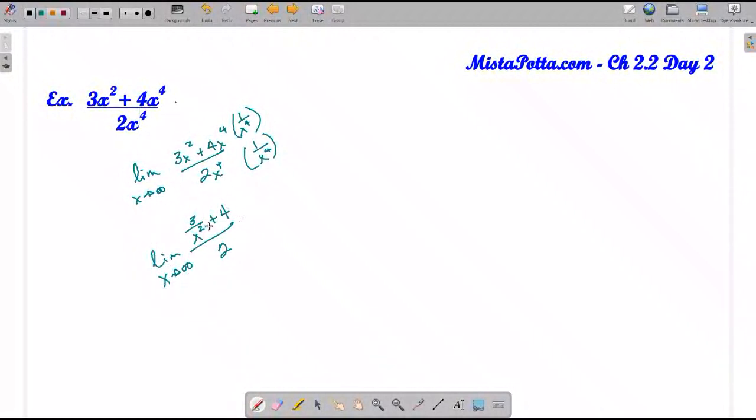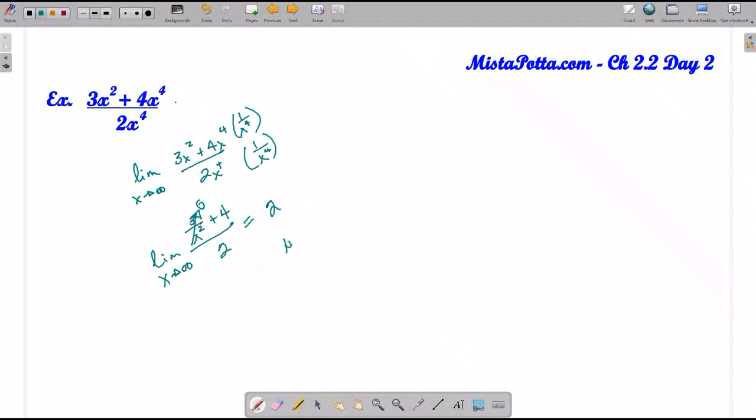And I know the parent function of 1 over x squared tells me that this goes to 0 as x goes towards infinity. And so I have a ratio of 2 constants, so this limit ends up being 2.